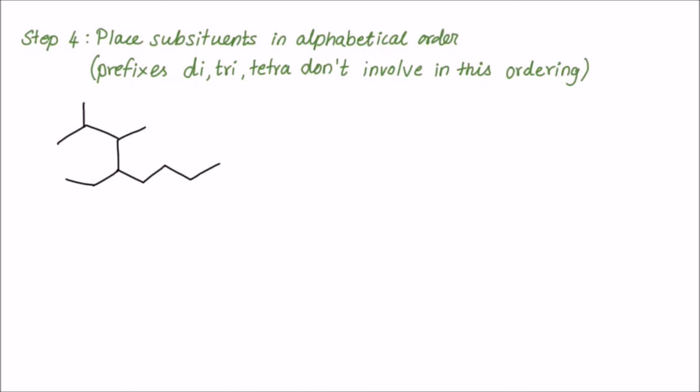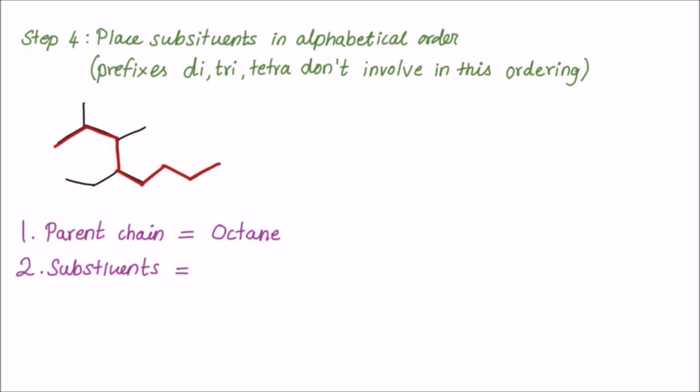Let's try an example here. We have this complex structure with a parent chain, so step number 1 is name the parent chain. The longest chain here has 8 carbon atoms, so the name of the parent chain is octane. The second step is name the substituents.